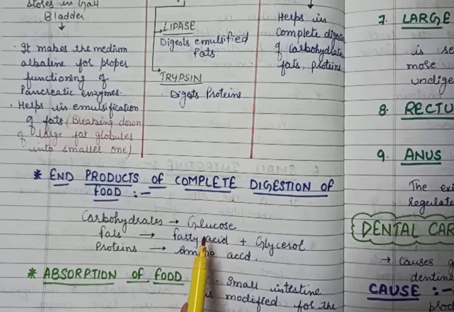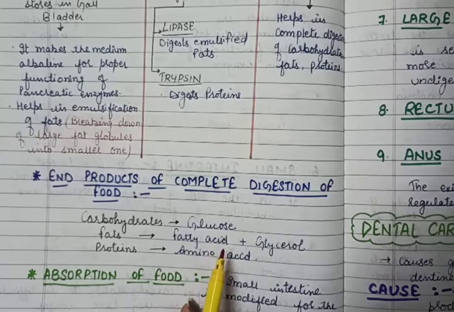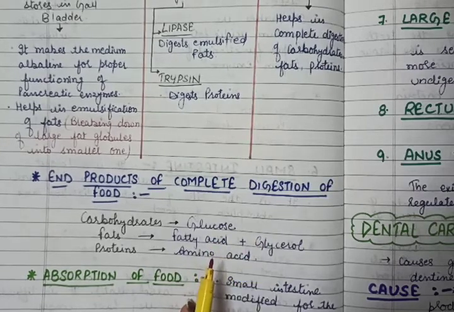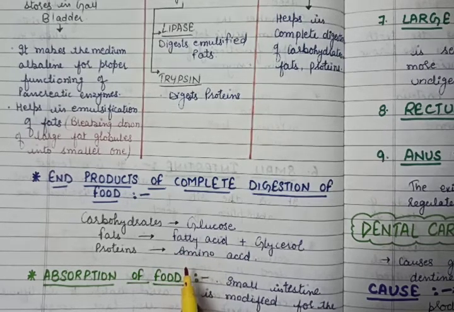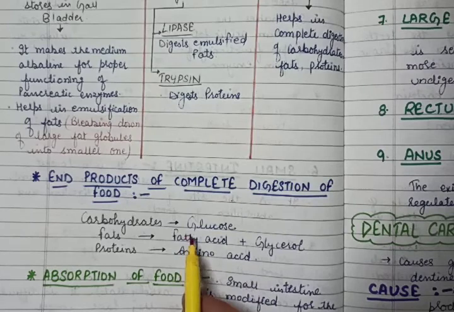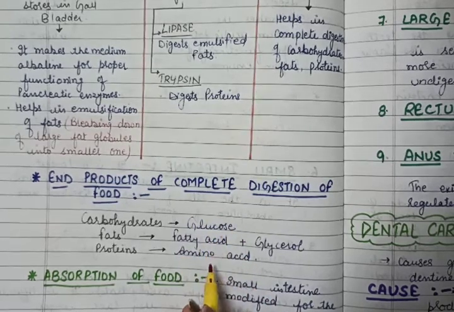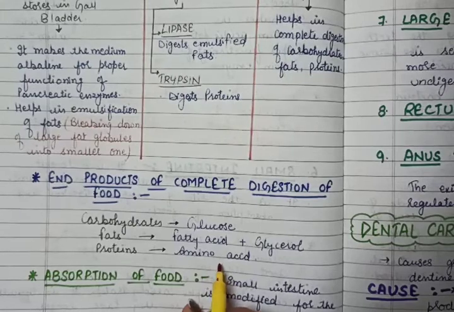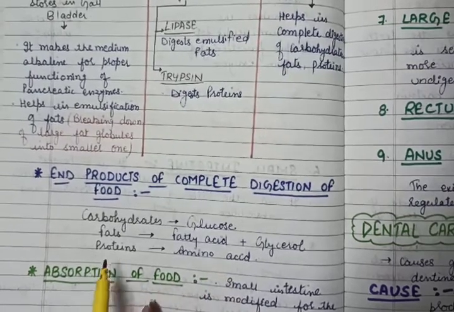When we need instant energy, we dissolve one spoon of glucose in water and sip it. That gives instant energy, because it easily gets dissolved in the blood and gives us energy by the process of respiration.